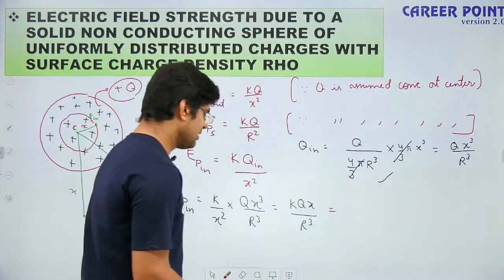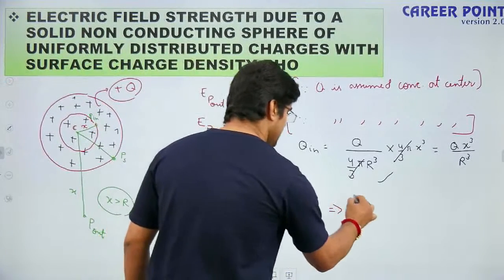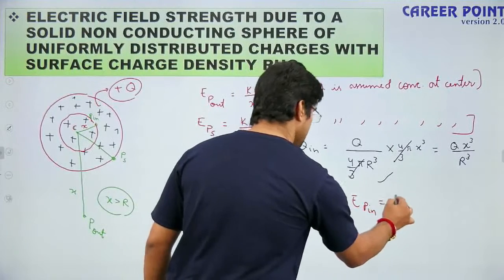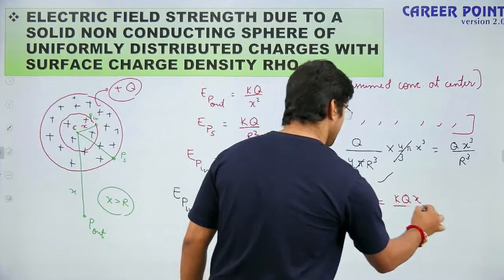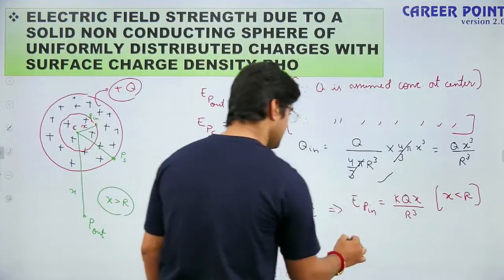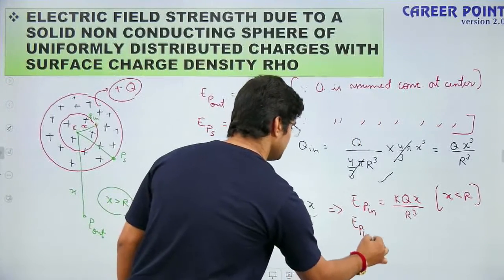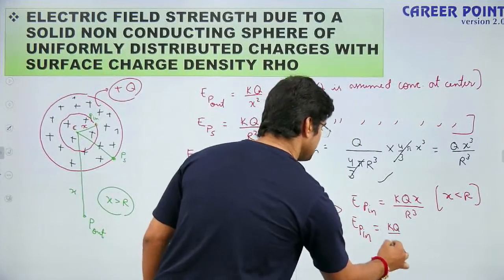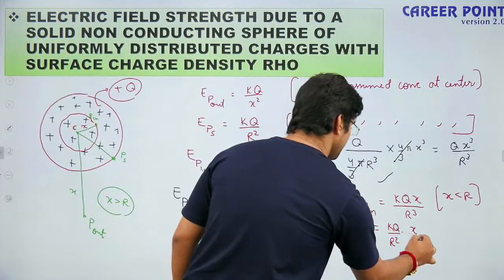So you can write the electric field at an inside point as K Q x divided by r cube, such that x is less than r, or you can write it as K Q by r square dot x by r.